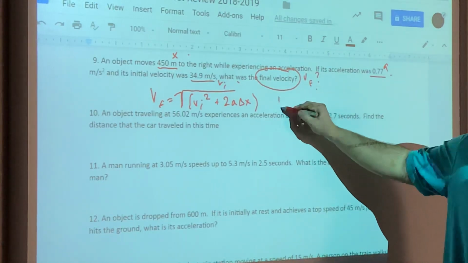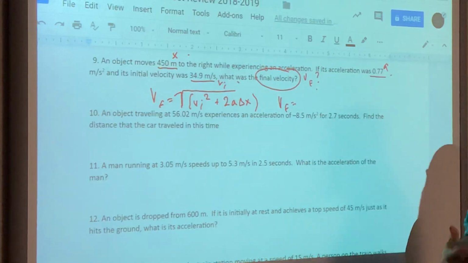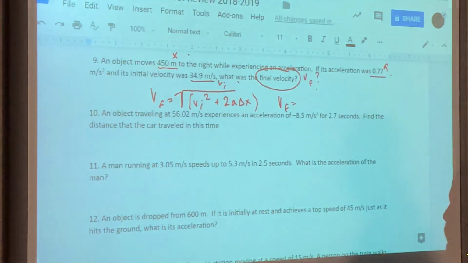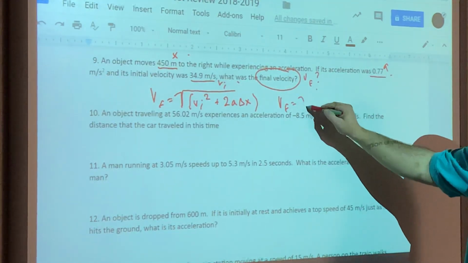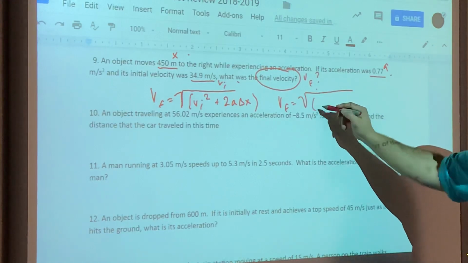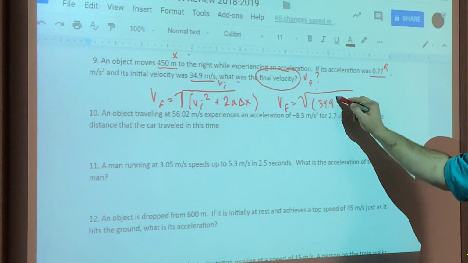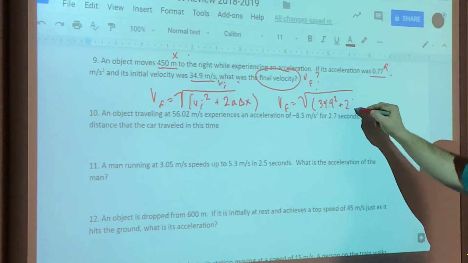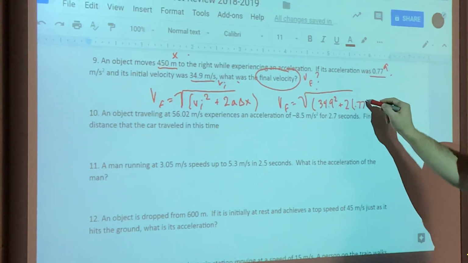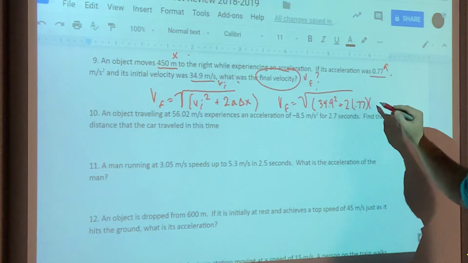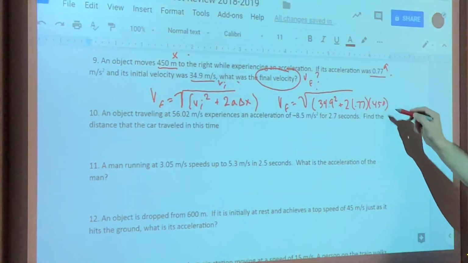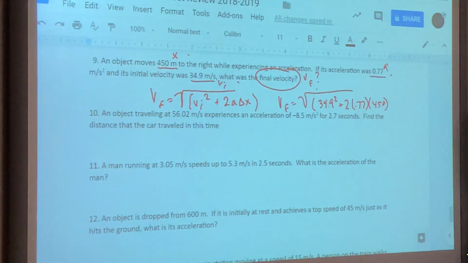So when we plug in our values here, and on the test it'll be multiple choice, you won't have to show all your work, but make sure you still do it to check your work after you're done. So this would end up being 34.9 squared plus 2 times 0.77 times 450.